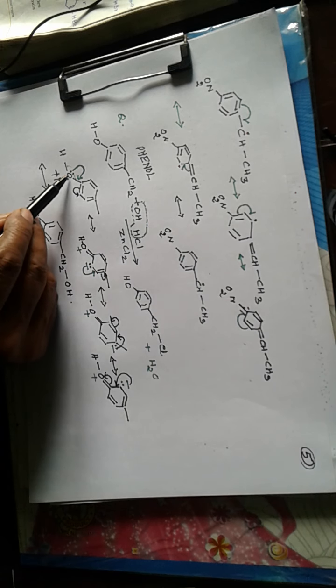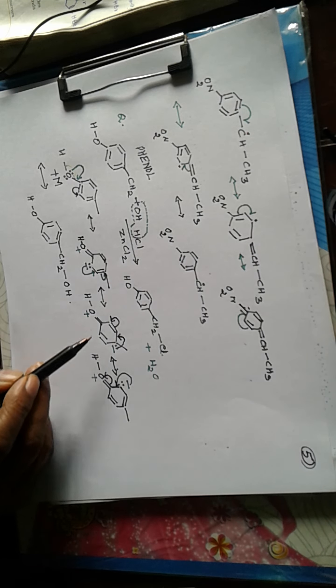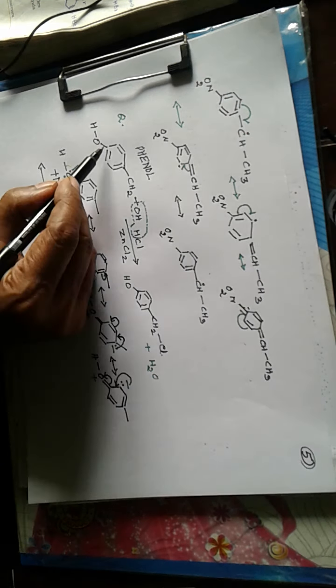Now the sum of these canonical structures shows that the oxygen atom of the phenolic OH group is bonded to the benzene ring by a double bond here, double bond here, and double bond here. So the C-O bond here will have double bond character, and a double bond is a stronger bond than a single bond. So it is difficult to remove such an OH group which is connected by a double bond to the benzene ring.